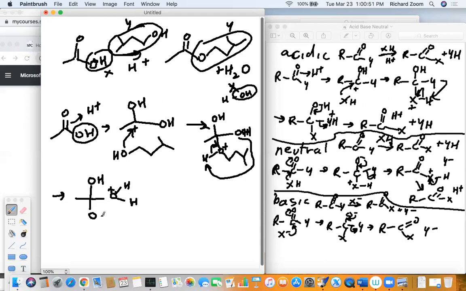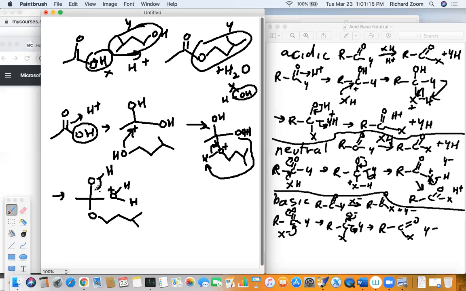One of the things we talked about back in test 2 was that after the proton transfer step, I'm going to redraw that to make it a little more palatable.